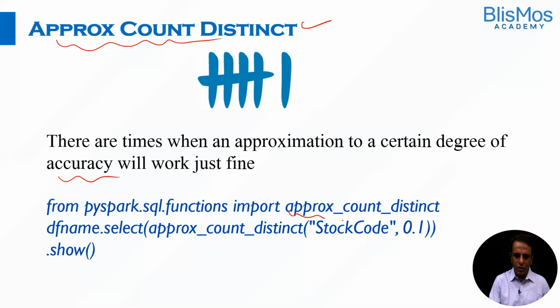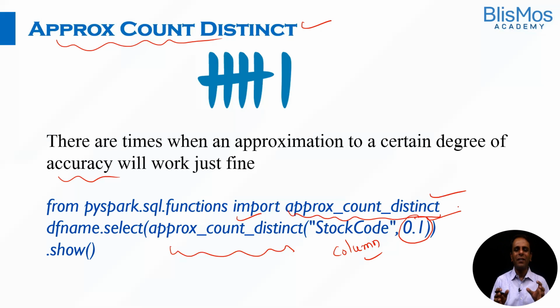You can import the function approx count distinct, and instead of specifying count or count distinct, you specify the function here. You can specify the column on which you want to count the distinct values. If you notice, there is one more value which we are providing here. What is that? That is the maximum error which is allowed. In this case we are saying 0.1, which means it is okay to have an error of 10%. Depending upon your project and what you are trying to do, you can specify this value.